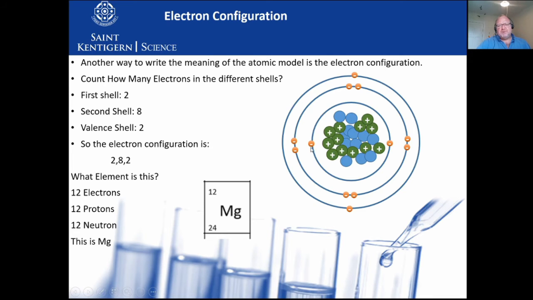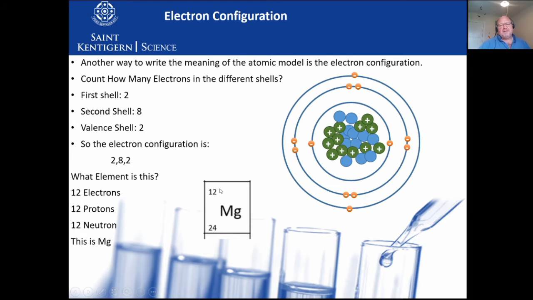So the first one is 2, then we have 8, and then we have 2 again for magnesium, okay? Because magnesium has how many electrons? 12. How many protons? 12. Okay? How many neutrons? Big one minus small one, so the mass minus the atomic number. 24 minus 12 is 12.